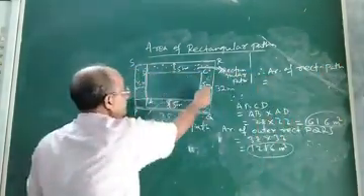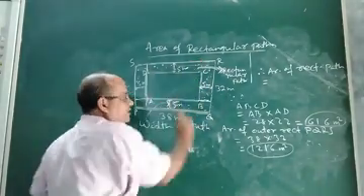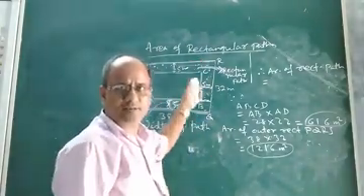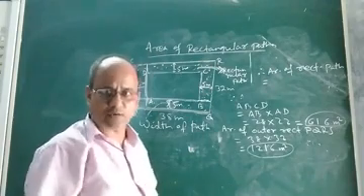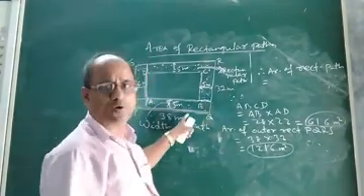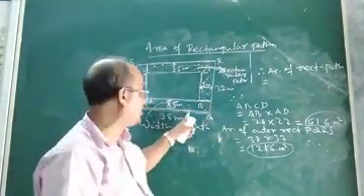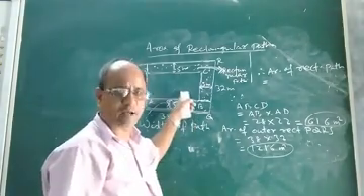Rectangular path means the space or the region in between the two rectangles. The region between the two rectangles is known as rectangular path. And its area, as I just told you, is area of outer rectangle minus area of inner rectangle.